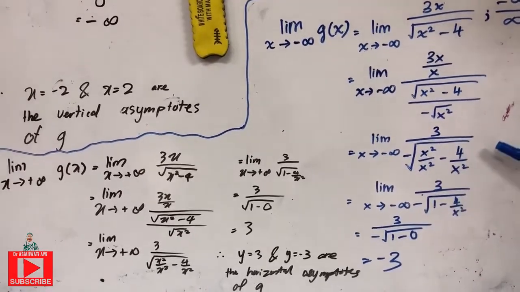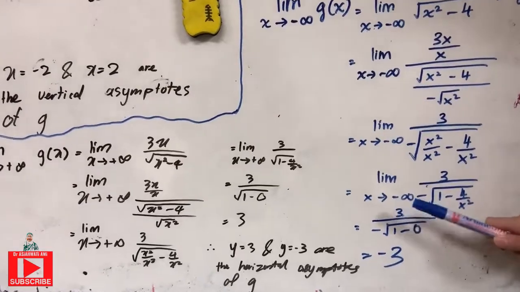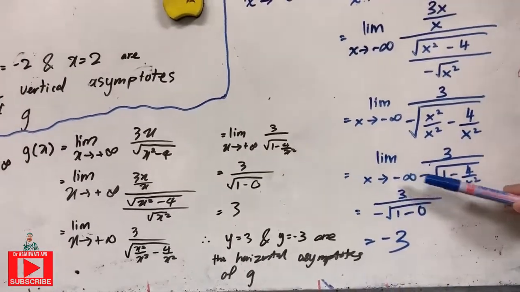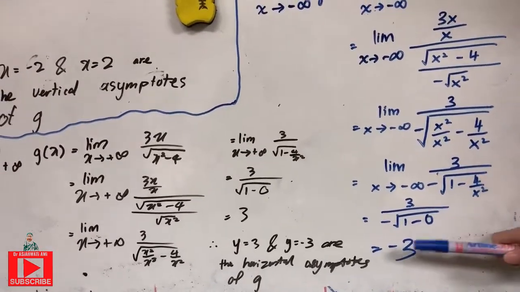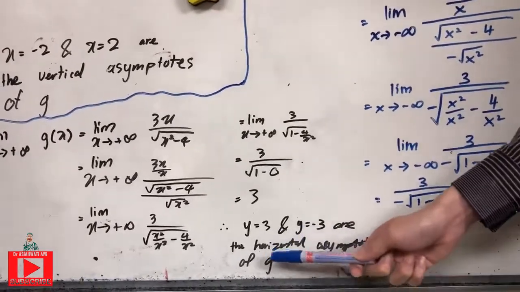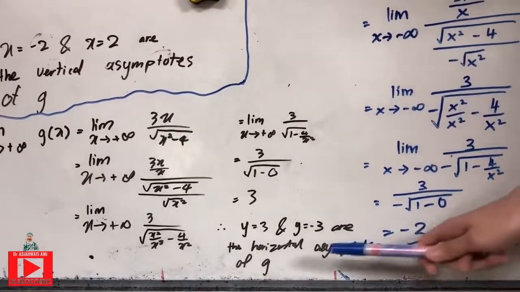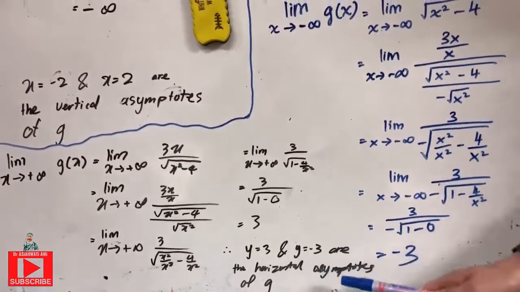After that, we simplify, and we substitute x approaching negative infinity, and then we get negative 3. So in the end, we can conclude that y equals 3 and y equals negative 3 are the horizontal asymptotes of g. That's all. Thank you.